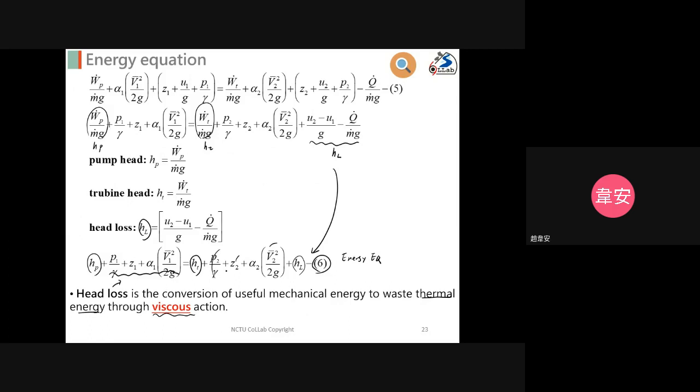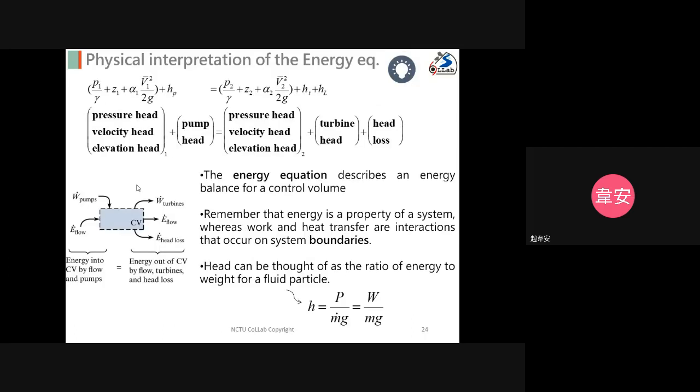This is quite easy to remember because the formula of equation 6 is quite similar to the Bernoulli equation. The only difference is we need the correction factors for the kinetic energy items, and we have the pump head, turbine head, and the head loss. These are the 3 parameters that differ compared to the Bernoulli equation.